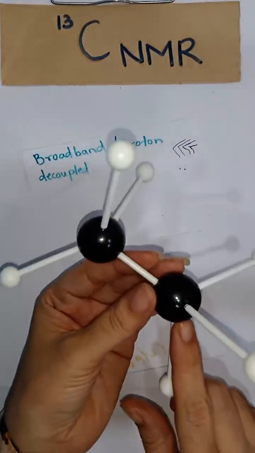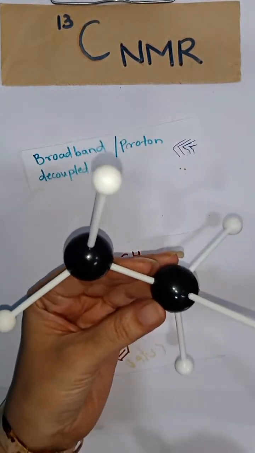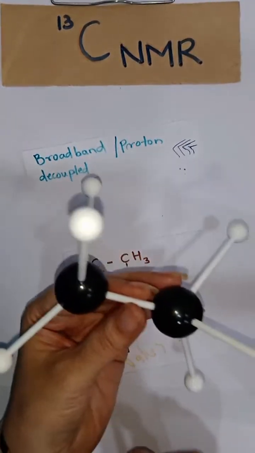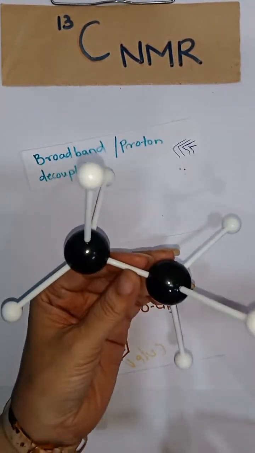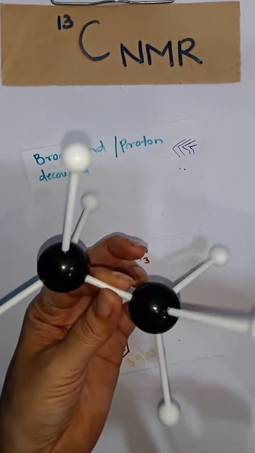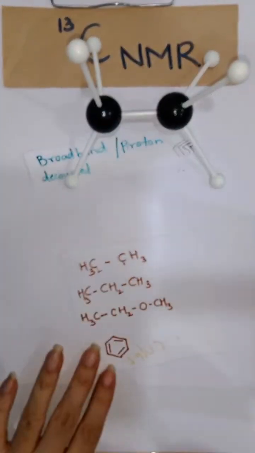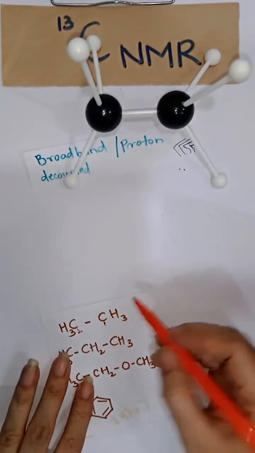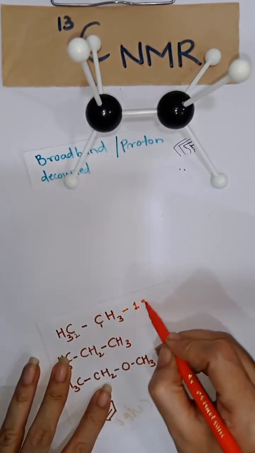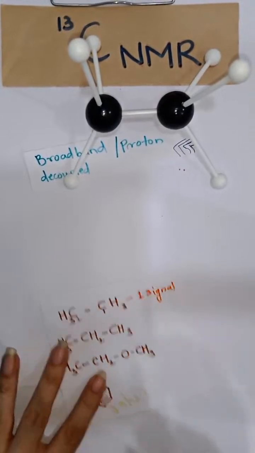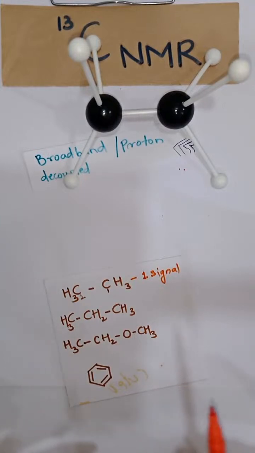Therefore, both the carbons are symmetric, and so when we record the peaks, we get only one signal. Why? Because it has only one chemically equivalent carbon.